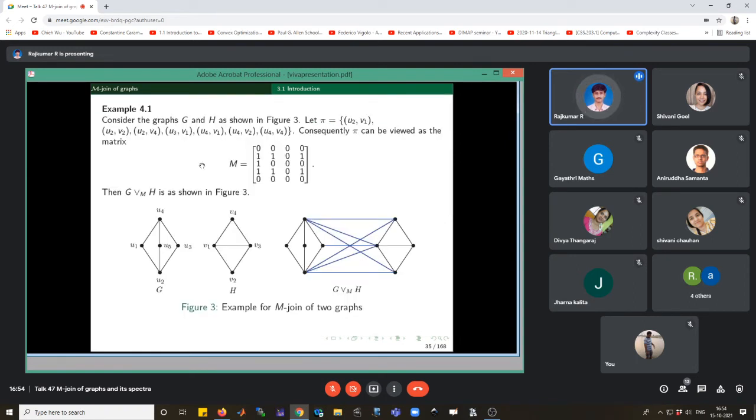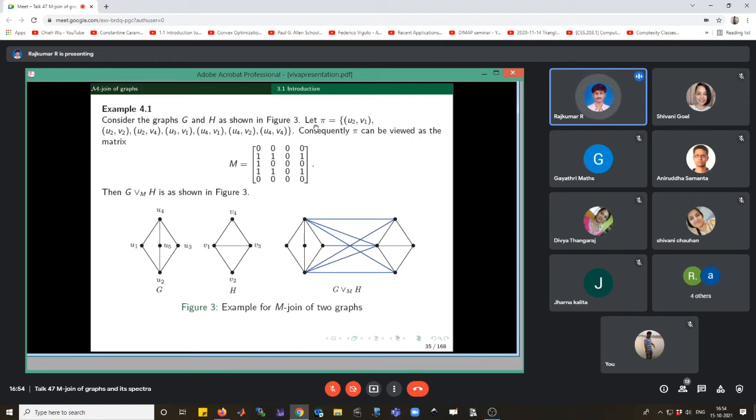For example, consider the graphs G and H given here. Let this be the particular binary relation given here.